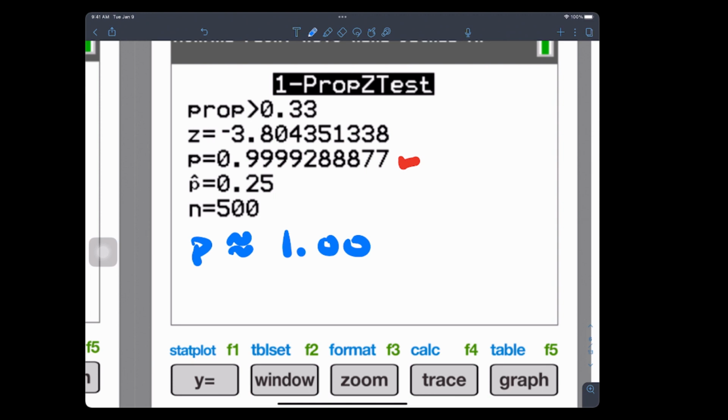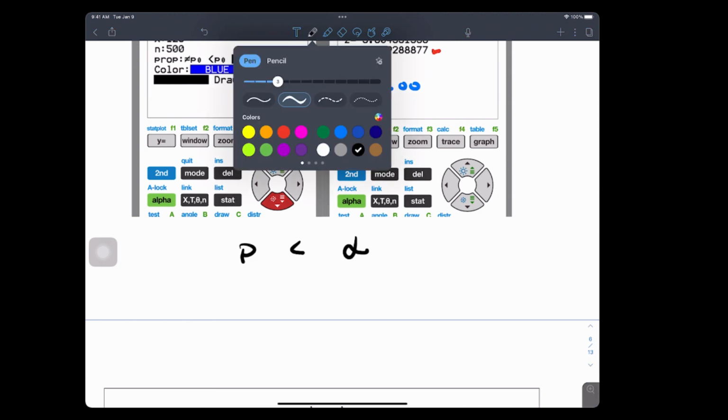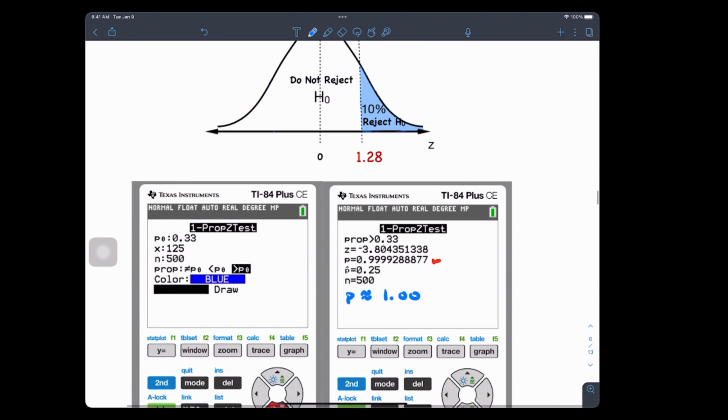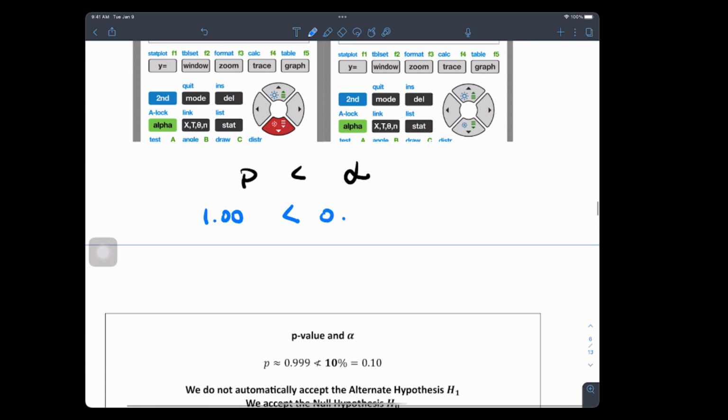Almost certain to get this number. What's the criteria? You've got to check: is the p-value less than the level of significance? Well, the p-value was 1.00, and our level of significance, alpha, was 10%. And 10% is 0.10.